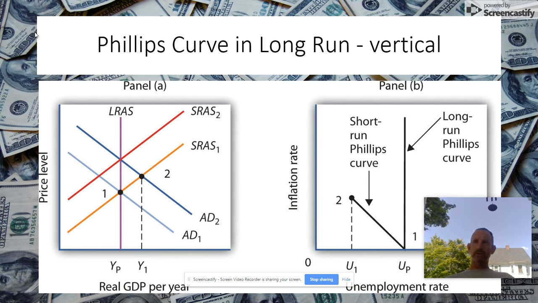But the natural rate of unemployment is the same thing as full employment. Basically, it means that everybody in the economy who wants a job has one. So if that's kind of our long run equilibrium, the inflation rate can go up or down, but in the long run, if we always come back to that same unemployment rate, that curve is going to be vertical. I hope that made sense. I feel like I didn't explain that very well, but all right.